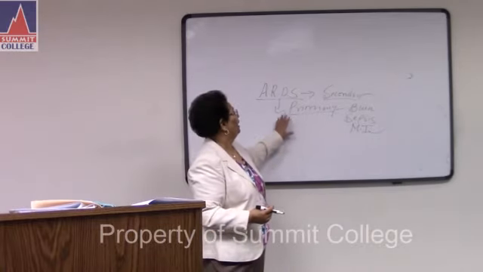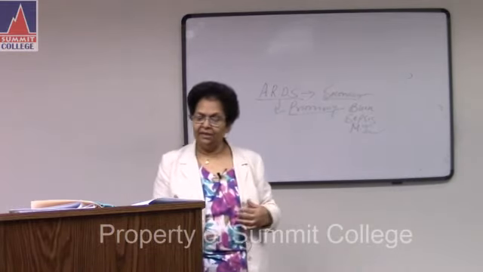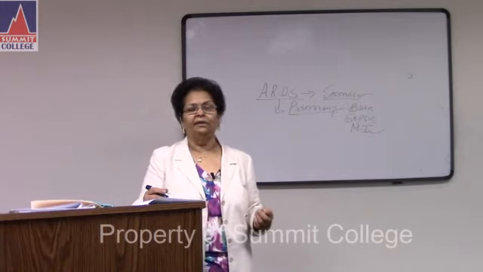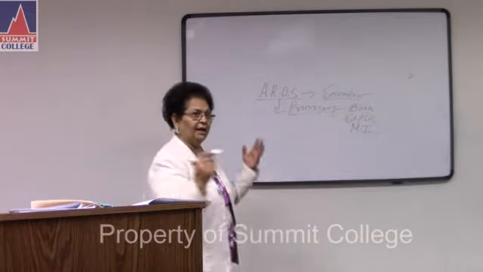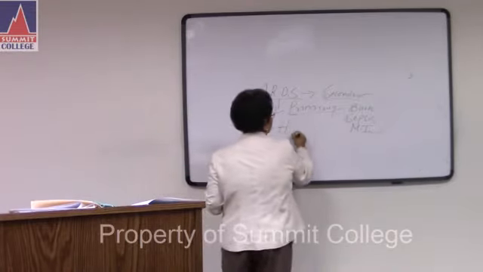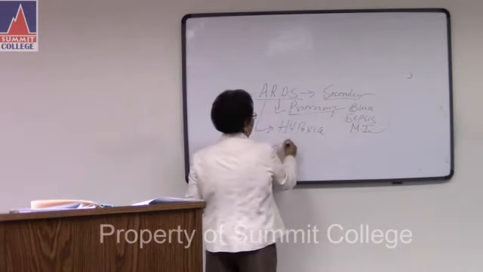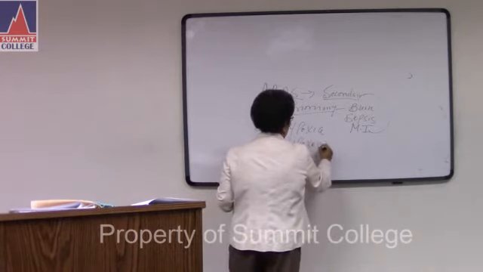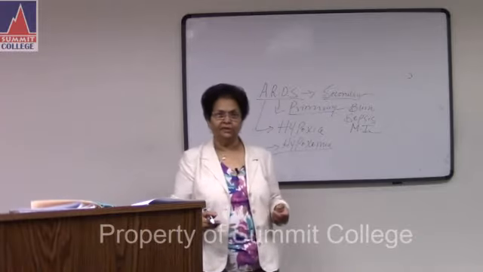But what do you monitor when your patient has ARDS? I will go on to number 12 and highlight the word. ARDS is hypoxemia. Underline the word. What is acute respiratory distress syndrome? The word is hypoxia. The patient is not getting oxygen, or the patient has hypoxemia. That means in the blood, very low oxygen saturation.